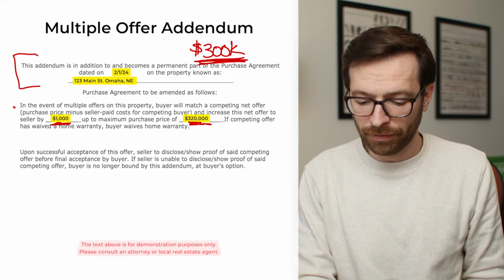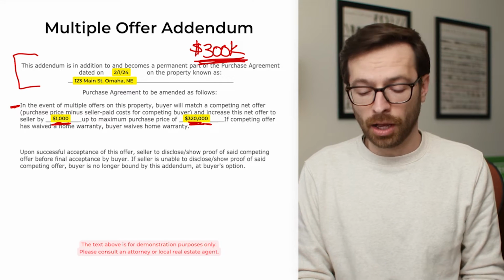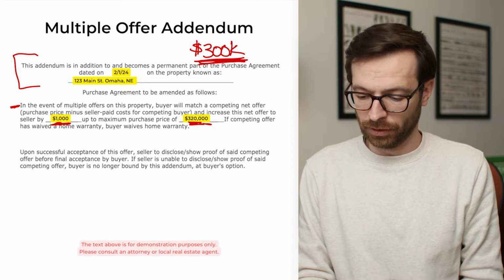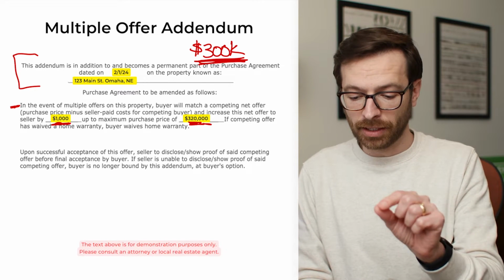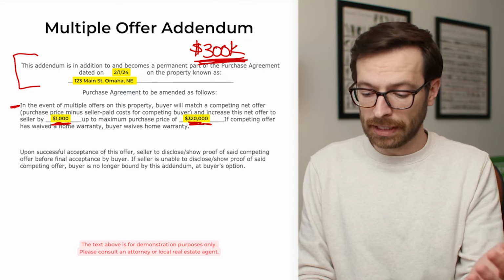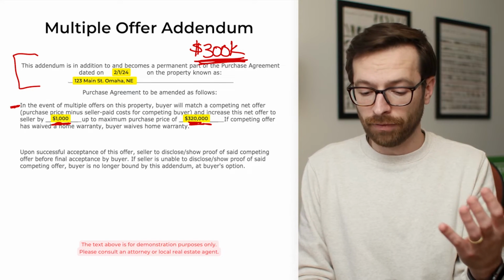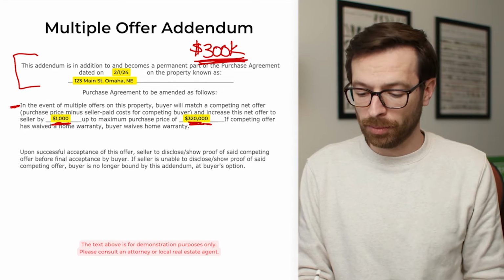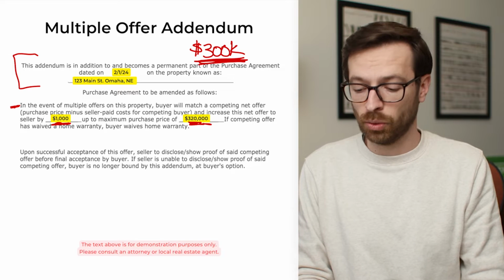But in the event of multiple offers on this property, the buyer will match a competing net offer, so the purchase price minus seller paid costs for the competing buyer, and increase the net offer to the seller by $1,000 up to a maximum purchase price of $320,000.